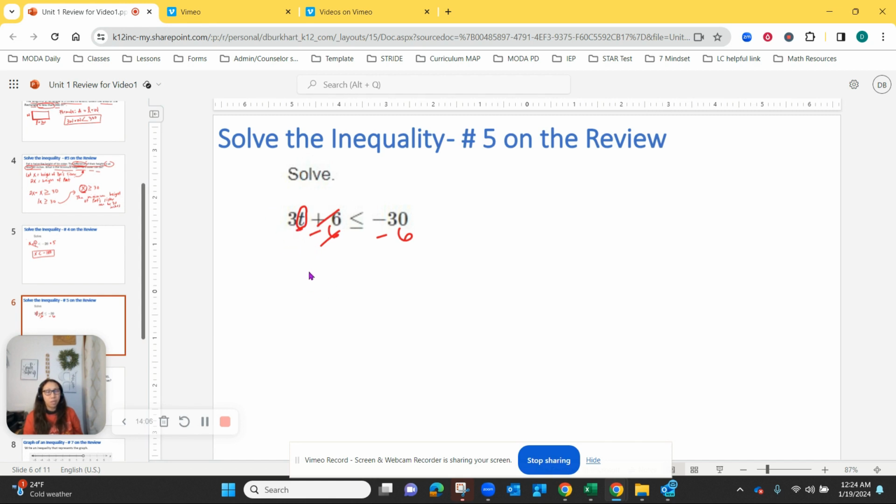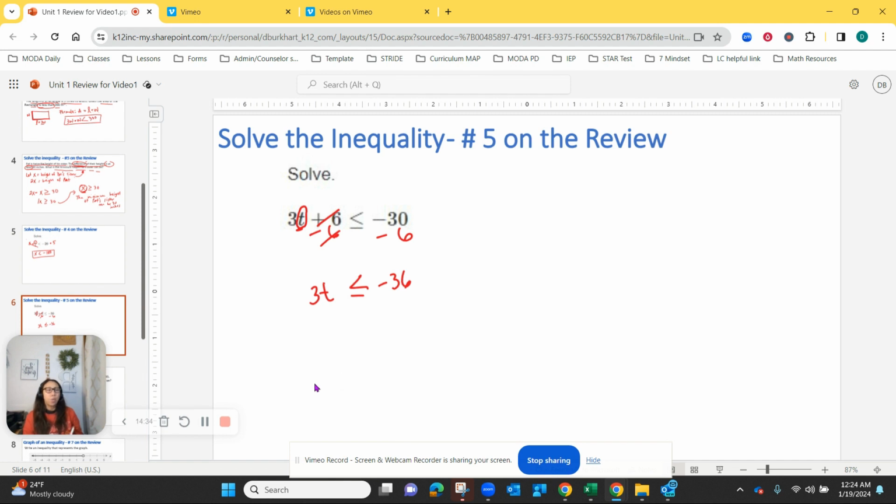I'm going to put that one down here, copy it down, and copy down the symbol less than or equal to. And what happens to our negative 30 minus 6 when you have two negatives? It's like you owe $30 plus you owe $6, so in total you owe $36. So that is a negative 36.